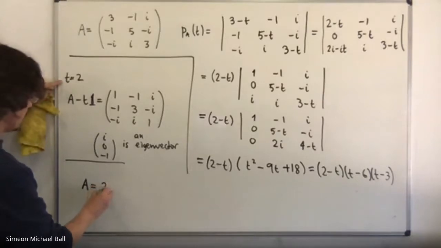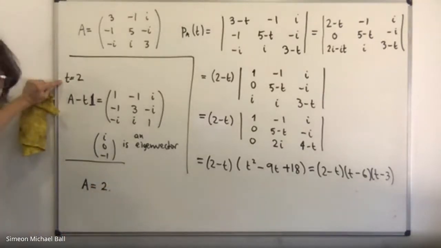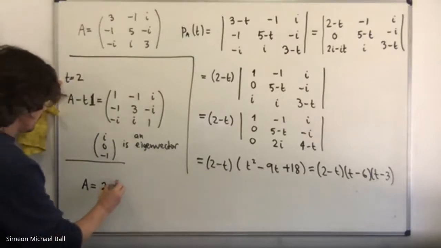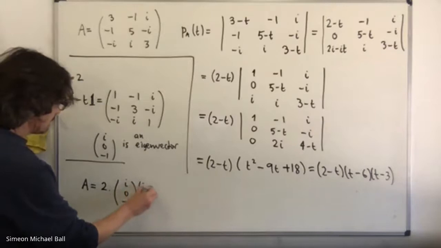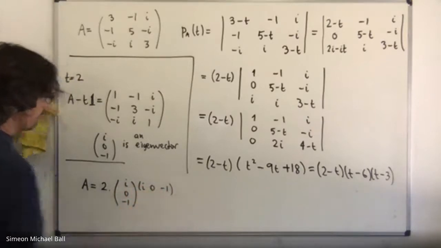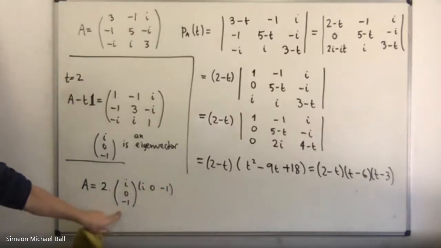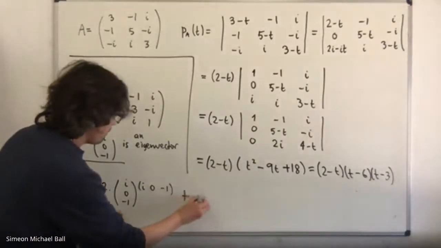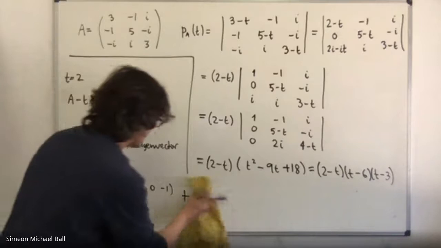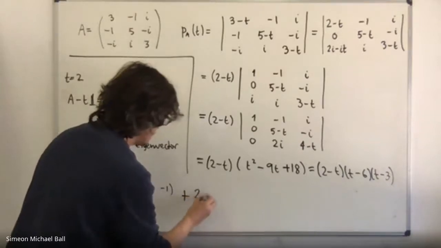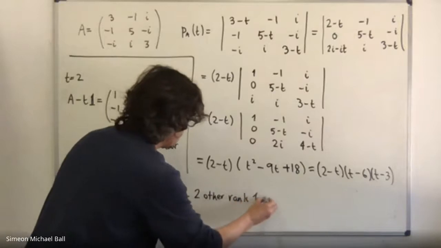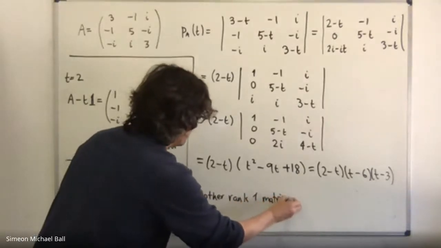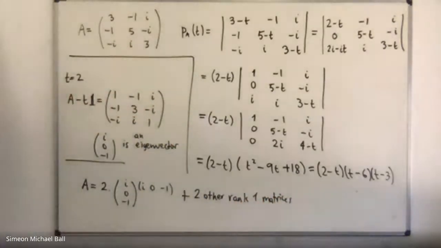And also here, now you have to be careful because it's (i, 0, minus 1) times its conjugate transpose, so this is like your rank 1 matrix, okay? Plus the other two terms. I'll leave you to calculate those for t is 3 and t is 6.